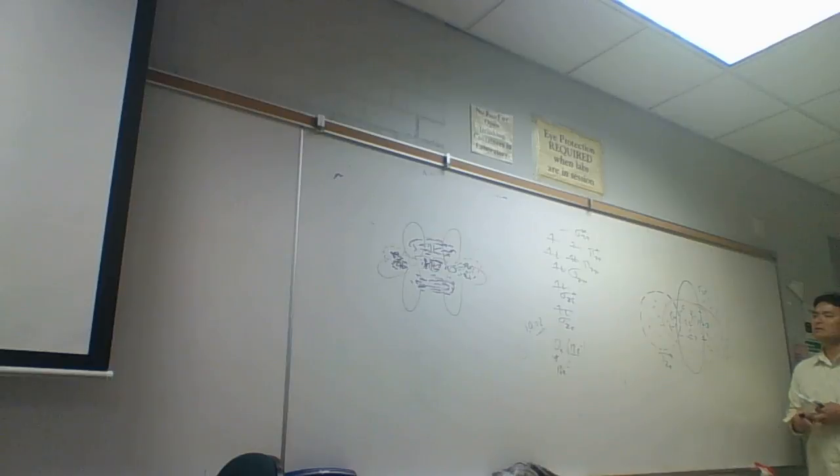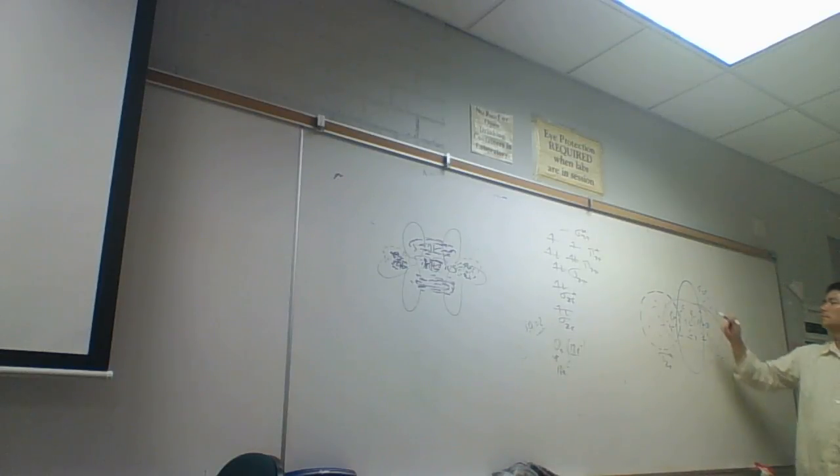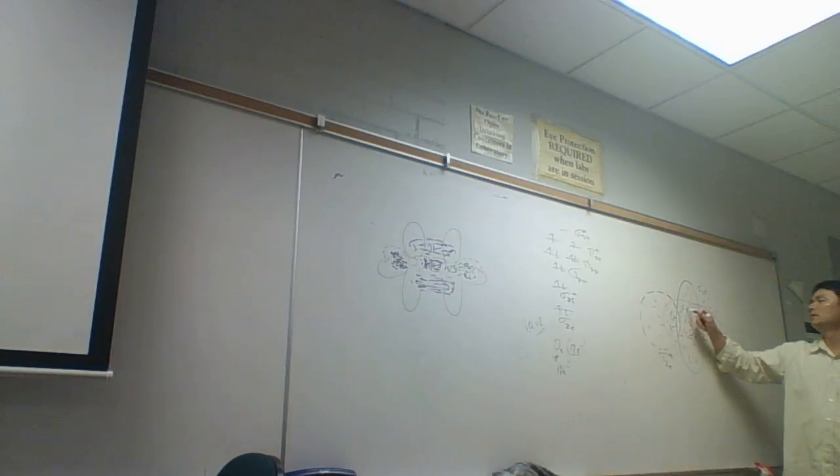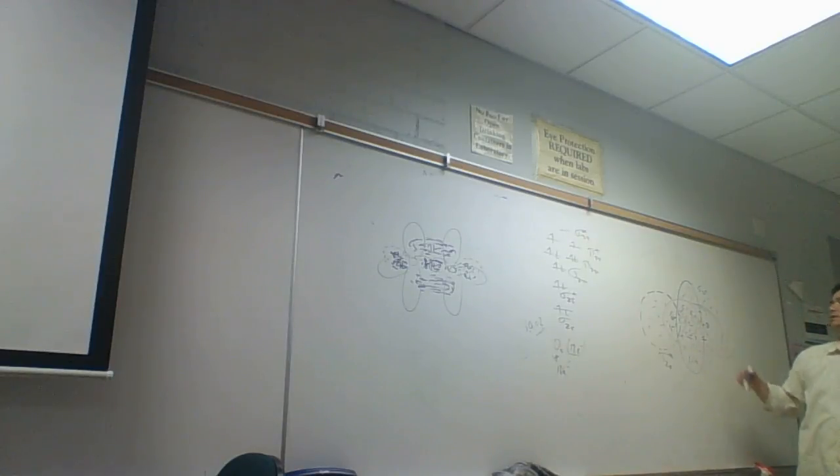The sigma 2p is bonding electron density. And so if I add in the electron cloud for the sigma 2p, it's going to help, because now I have more electron density in the bonding region. And so now the bond order pops back up to 1. 2 electrons worth of bonding density here.